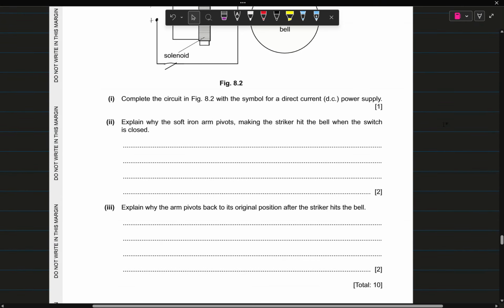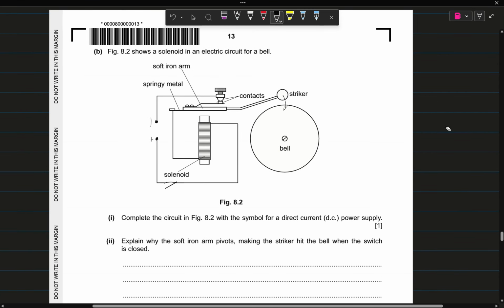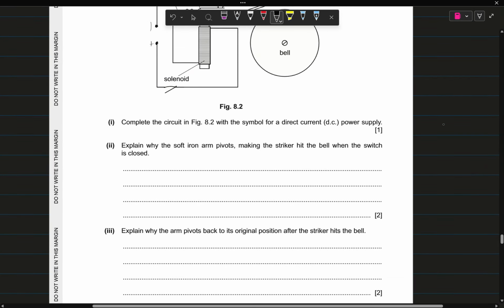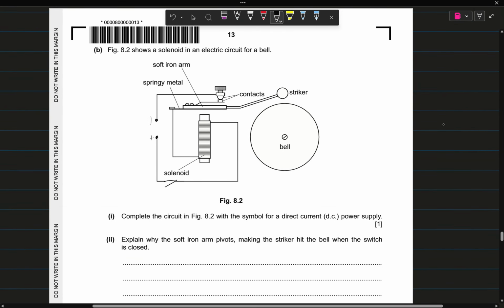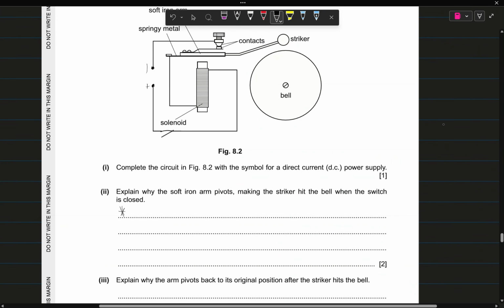Okay, so this actually is split into two parts, part 2 and part 3, this whole explanation. So we assess first why the initial ring happens, the striker, and then why it goes back to position. Okay, so as we said here, EMF passes through the solenoid, and so of course the magnetic field is generated.